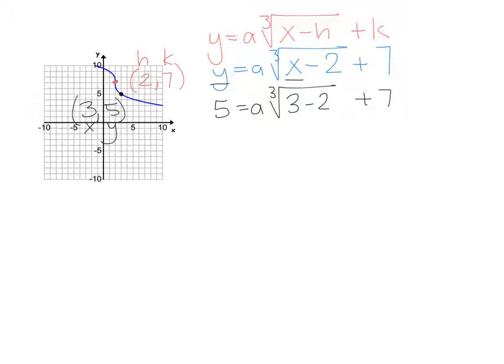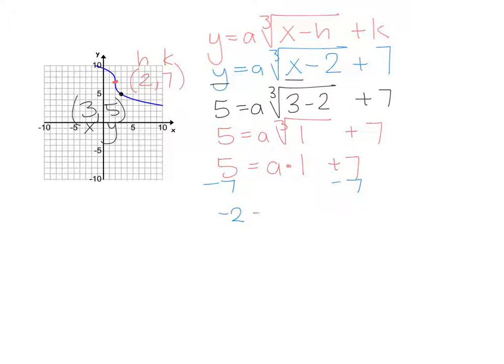So inside the radical there's math to do. 3 minus 2 makes 1. Okay, so 5 equals a times the cube root of 1, which is 1. So a times 1 plus 7. So we'll work backwards. We'll subtract 7 from the other side.